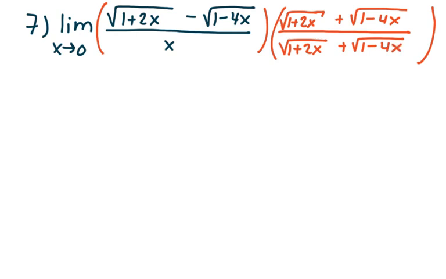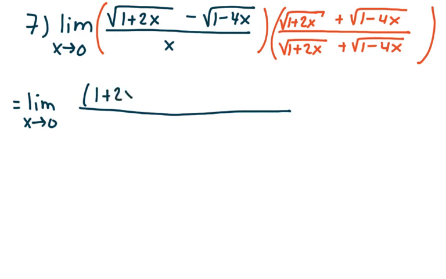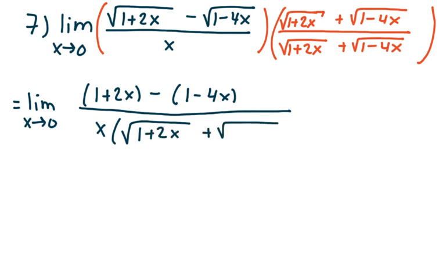It's a great way to simplify your work, because watch what happens here. This is the limit as x goes to 0 of, in the numerator, 1 plus 2x minus 1 minus 4x. In the denominator, we get x times the square root of 1 plus 2x plus the square root of 1 minus 4x.